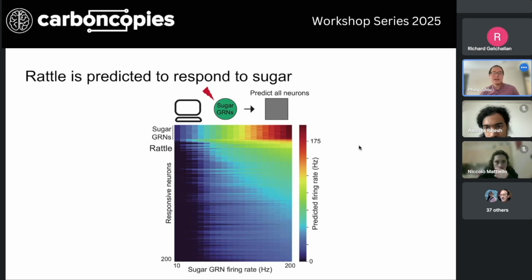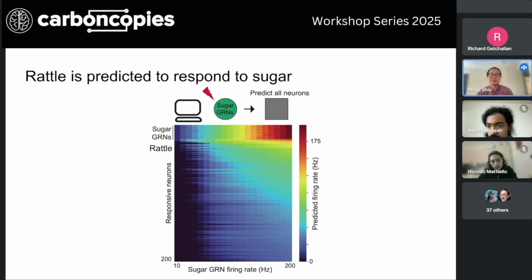So as just a simple example, a particular neuron, Rattle, is predicted to respond.